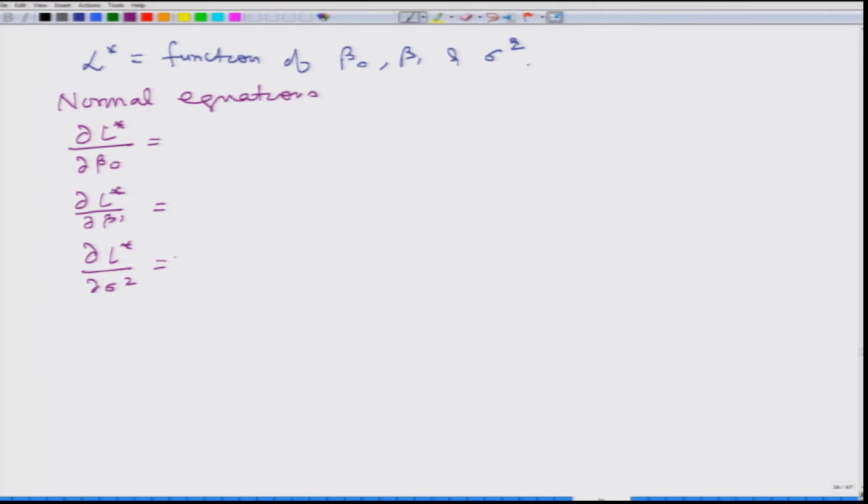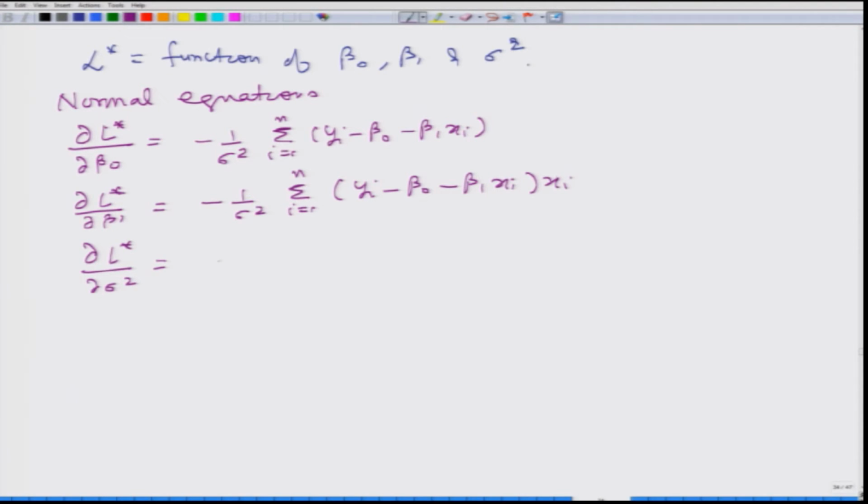Once I differentiate it, I get minus 1 over sigma square summation i goes from 1 to n of (y_i minus beta 0 minus beta 1 x_i), and here I get minus 1 over sigma square summation i goes from 1 to n of (y_i minus beta 0 minus beta 1 x_i) times x_i, and here I get minus n over 2 sigma square plus 1 over 2 sigma to the power of 4 summation i goes from 1 to n of (y_i minus beta 0 minus beta 1 x_i) whole square.